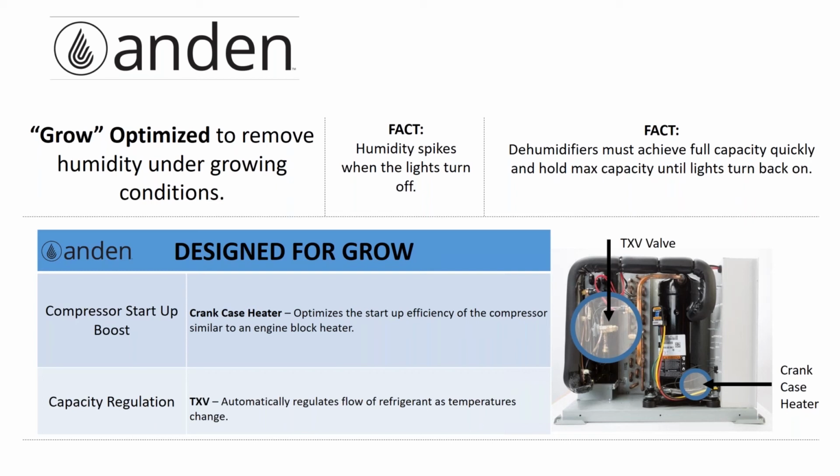The second thing was that TXV valve is there. TXV valve is very redundant, by the way. The TXV was there to modulate the amount of refrigerant moving through your dehumidifier system. What does that mean?